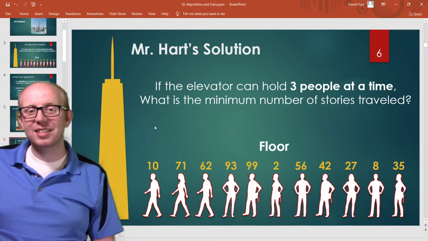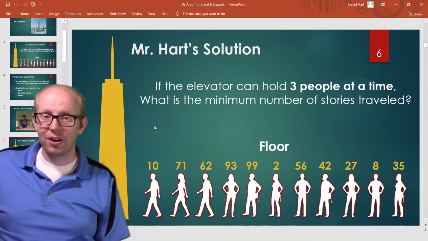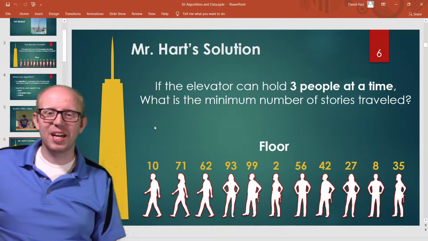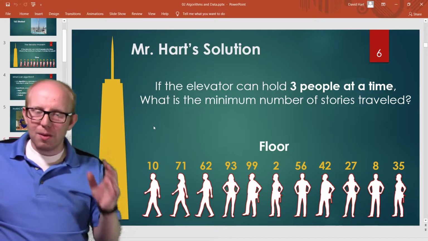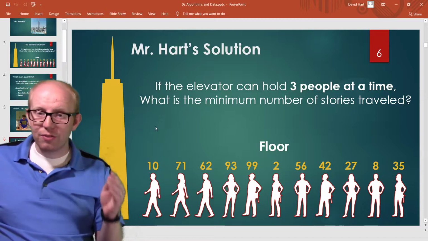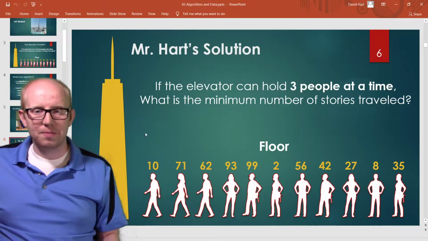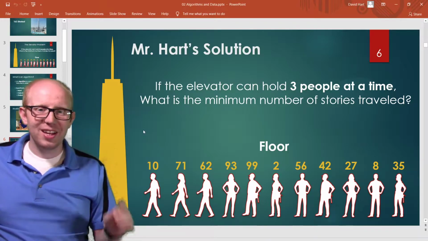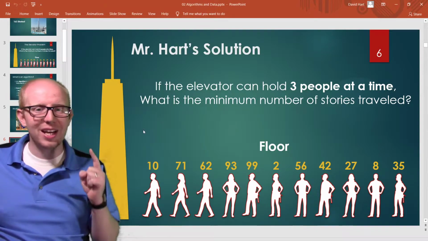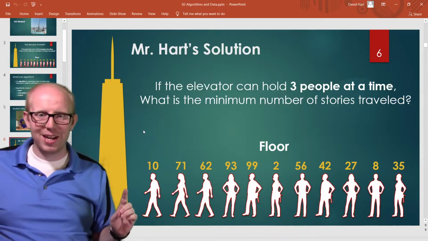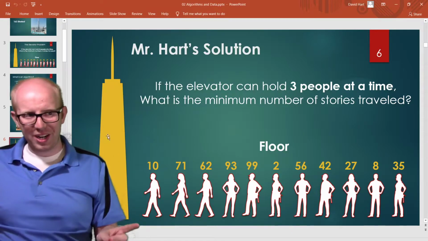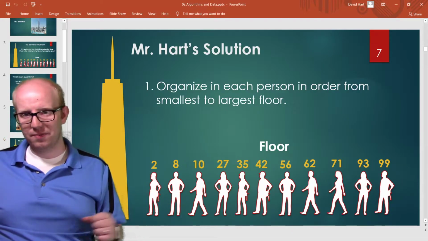Hopefully you spent a little bit of time thinking about the best way to get everyone up, and you calculated a final number. But I want to go through an algorithm that you can follow that will always give you the right solution. The first step that hopefully most of you realized is it doesn't help to send them up randomly. We need to organize them to be effective.